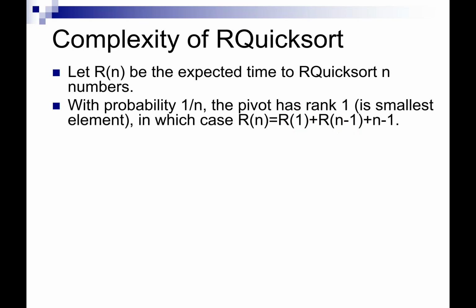However, this bad event of picking the rank 1 element as our pivot happens with pretty low probability, only 1/n.